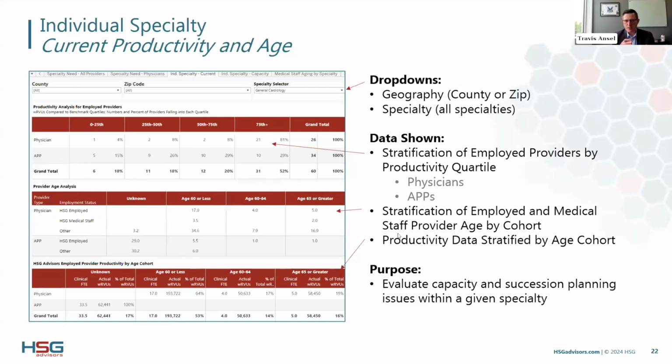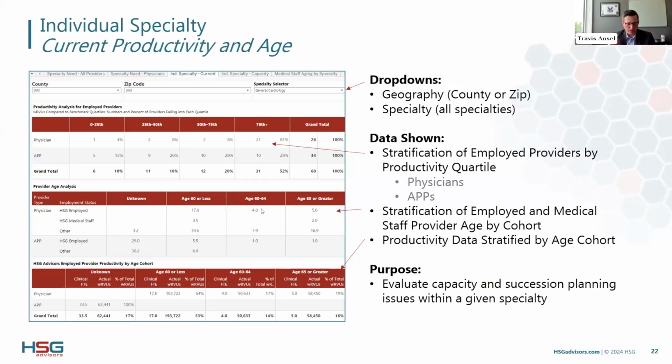For medical staff, as you might imagine, every hospital and health system has a slightly different definition of what active, courtesy, and consulting mean in terms of those providers actually being present within the organization. So we work with you to make sure we understand who's actually involved with the organization, and get them into that medical staff definition. But then we stratify those definitions across age cohorts.